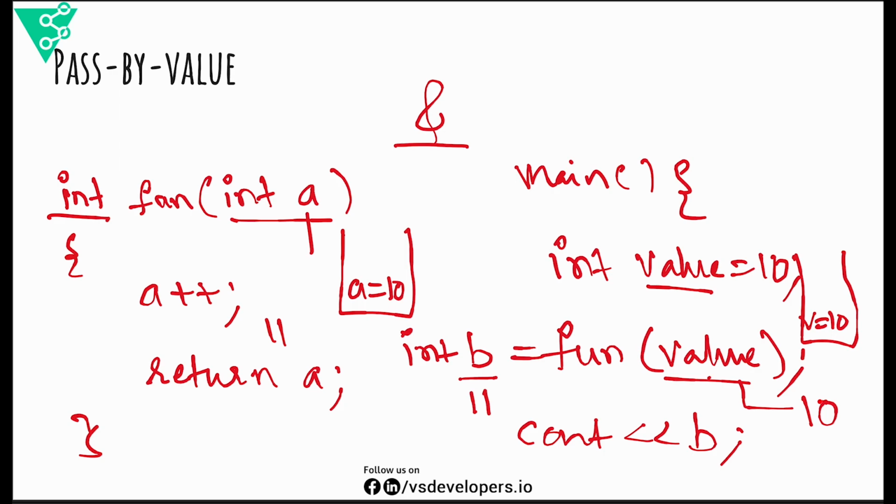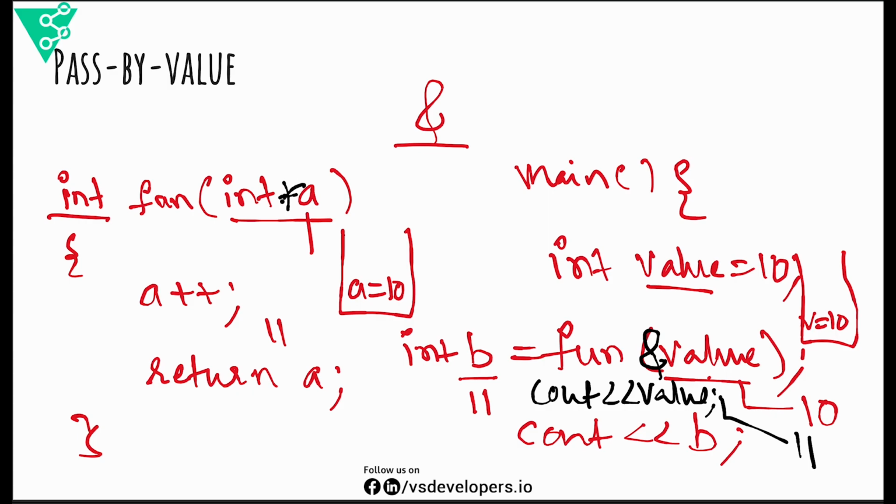Whereas, if you pass the ampersand, if you change this and prefix it with an ampersand, now not just the value of b, but if you print value here, it would be 11, not 10 anymore, because you passed it by address. And when you pass it by address, can you receive it with just a plain variable?